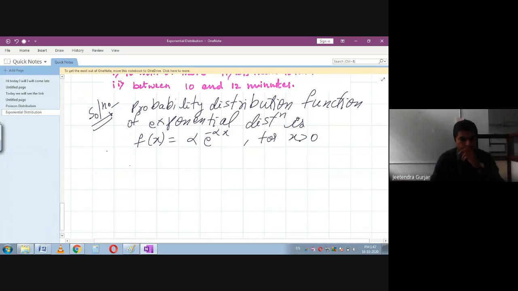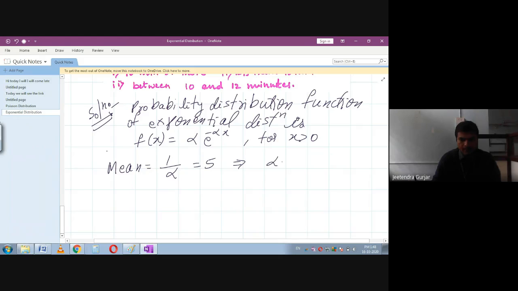Then now we see they have given it for 5 minutes. So 5 minutes they have told that the mean value is there. But you remember the formula for mean. Yes, what is mean given by? Remember, it is 1 upon alpha. But they have told that it is 5 minutes.